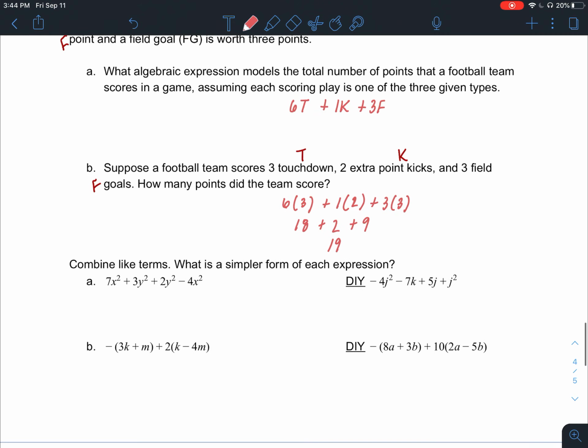Alright, lastly, we're going to do some combining of like terms. I'm going to do the 2 problems on the left, then you can do the 2 problems on the right. So, looking at this equation, I can see that 7x squared and 4x squared are like terms because they have the same variable and they have the same exponents.